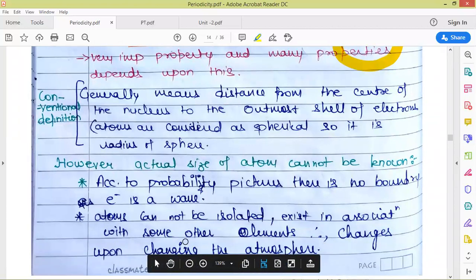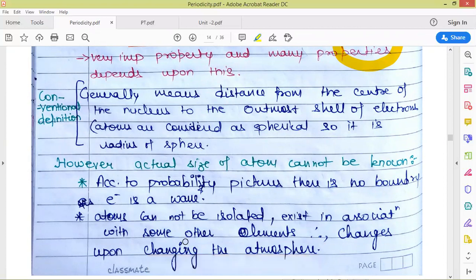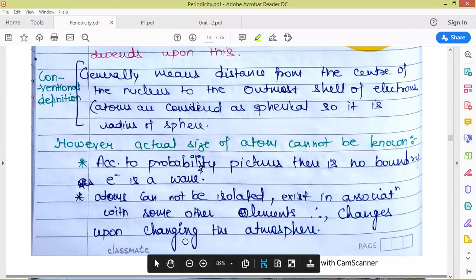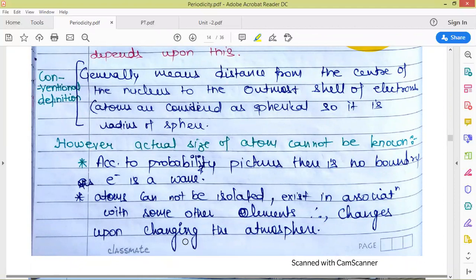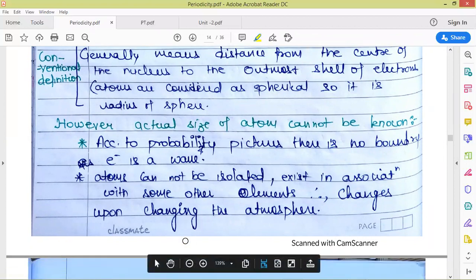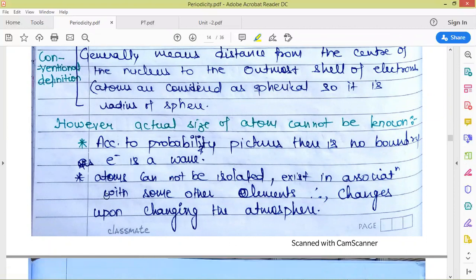According to the probability picture which we have studied in our atomic structure chapter, there exist no boundaries for electrons, as electrons behave like waves, and atoms cannot be isolated; atoms always exist in association with some other elements. They are always present in a bonded state with other elements. So how can we measure a property for a single atom?